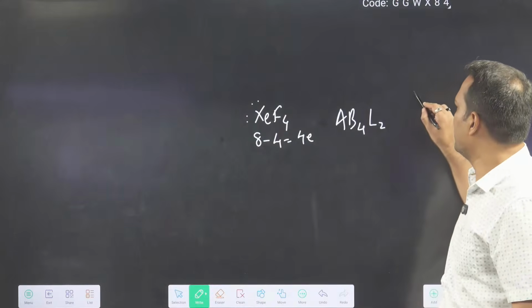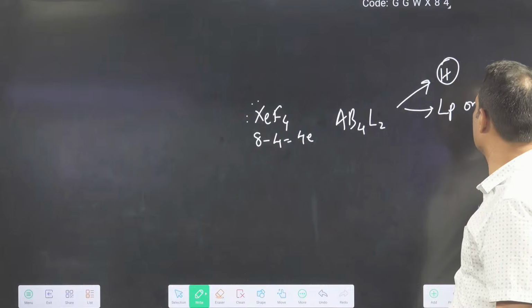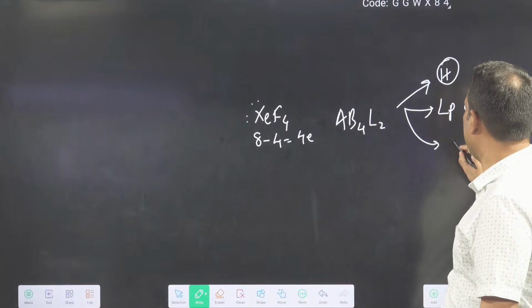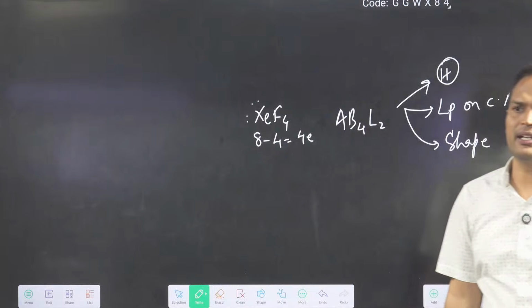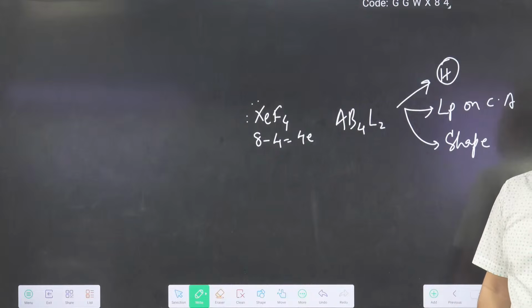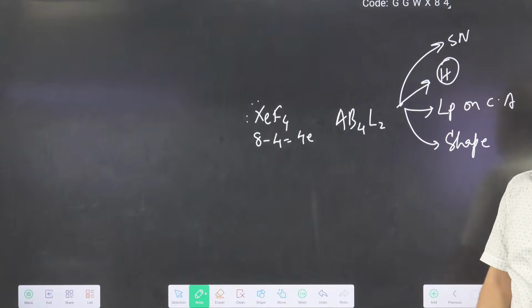This method is very good for finding hybridization, lone pair on central atom, telling shape. Steric number, hybridization, shape, lone pair on the central atom, these things we can tell.